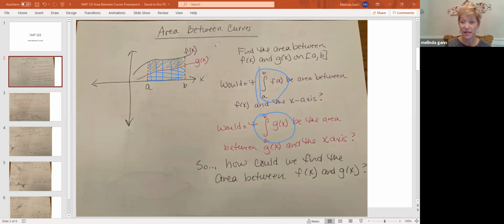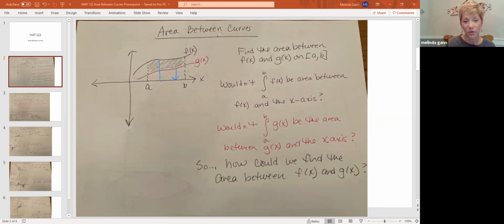Do you see what I would need to do? Let's see if we agree. Couldn't I subtract the two? Couldn't I take the area from here all the way down, and then find the area from there down? If I subtracted those two, wouldn't that give me that penciled area that I wanted? Does that make sense?